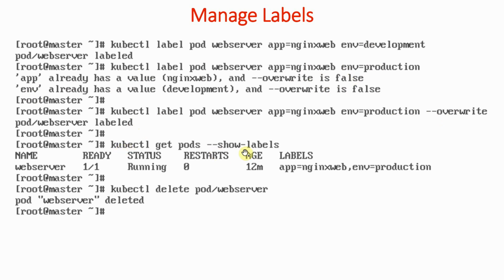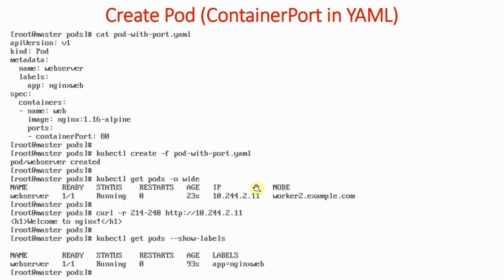Now again, when we run kubectl get pods --show-labels, which is a command that gives you the labels, it is showing that app=nginx-web, environment=production. And now we are going to delete that pod. So we have deleted the pod.